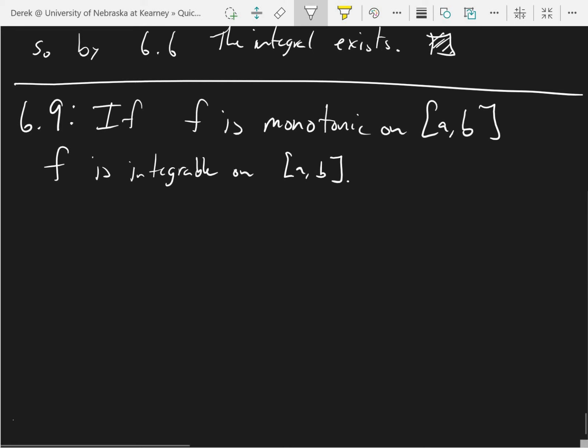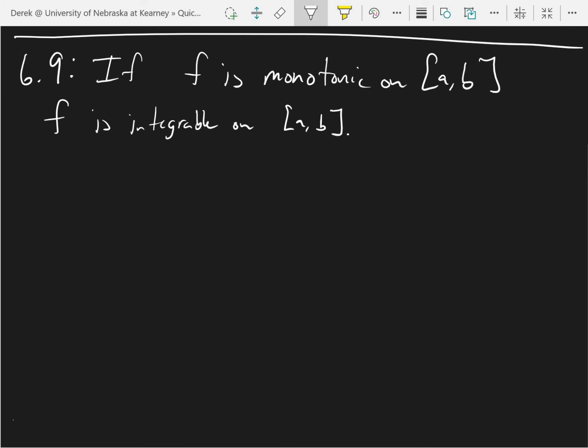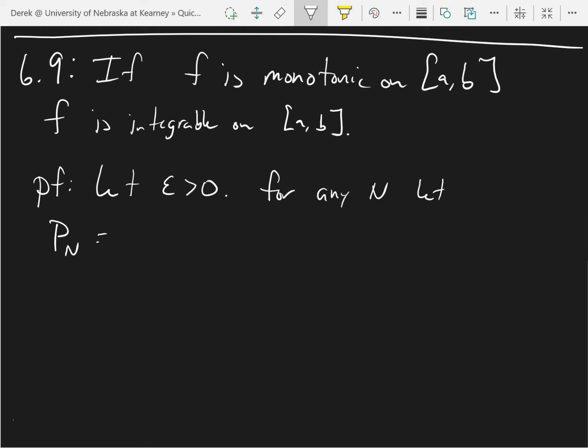So let's prove this. Let epsilon be given. For any n, we're going to let the partition be the set of points that are equidistant apart from a to b.